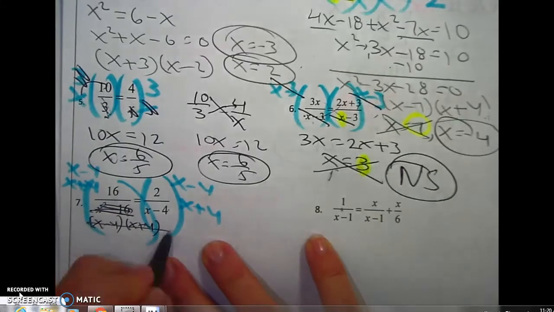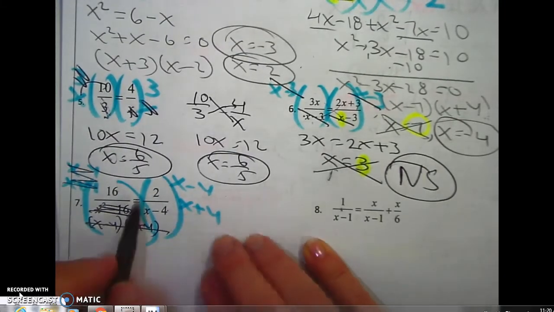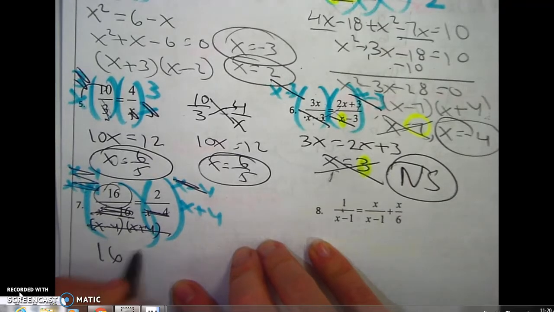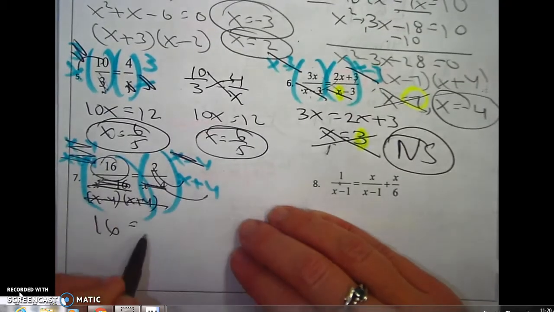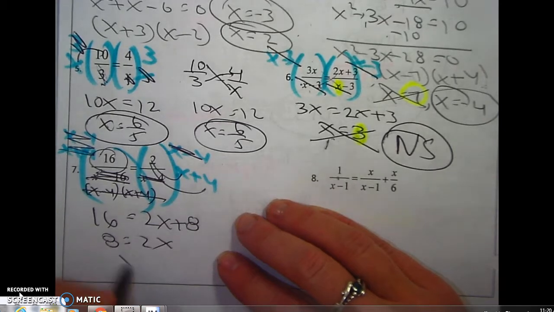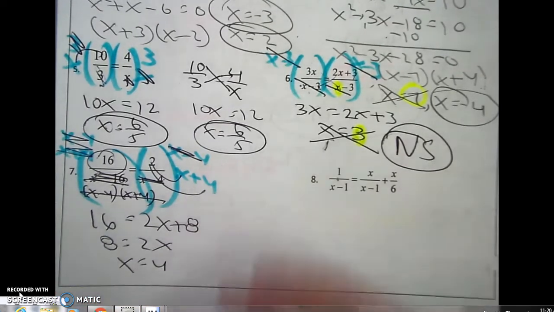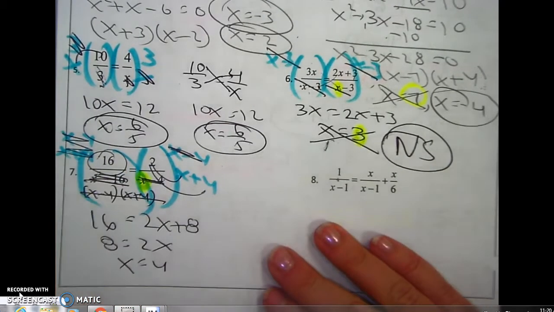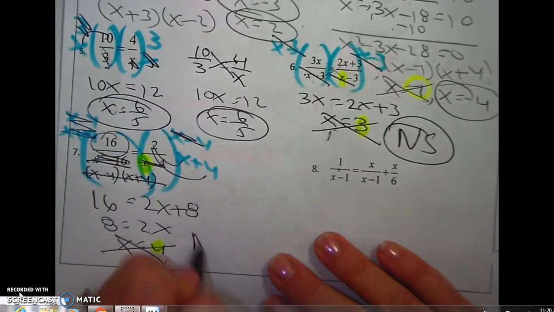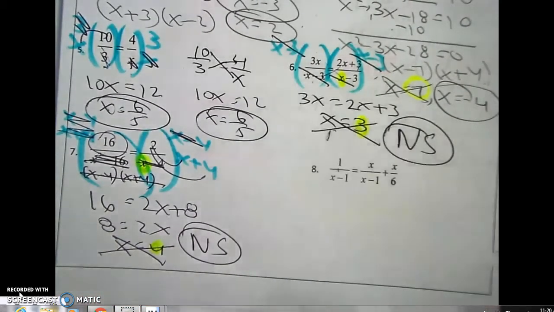Now, cross off all this, cross off all that, cross off this one and that one. So all I'm left with on the left side is 16. Distribute, distribute. Subtract 8. Divide by 2. But I always have to check. If I plug in 4, 4 minus 4 is 0. That doesn't work. There isn't any solution that could make this true.